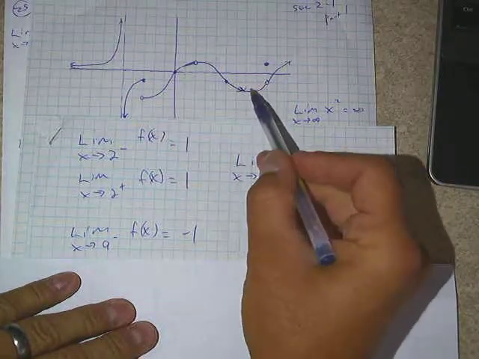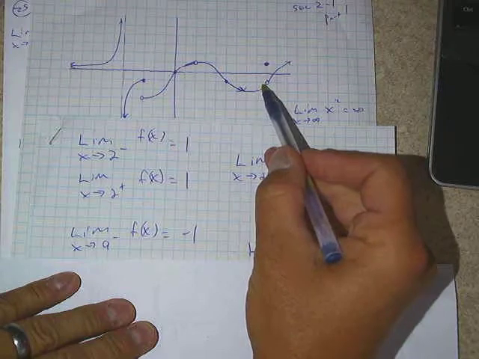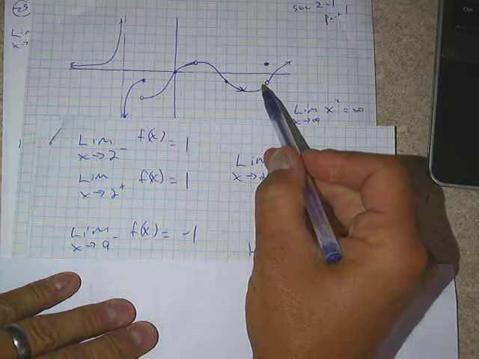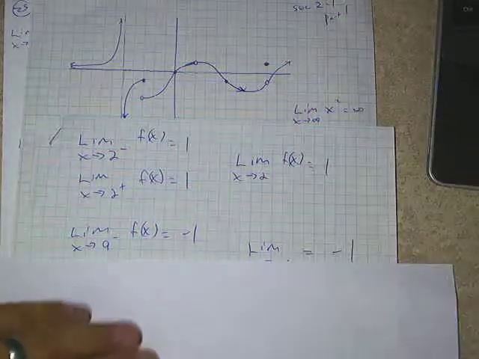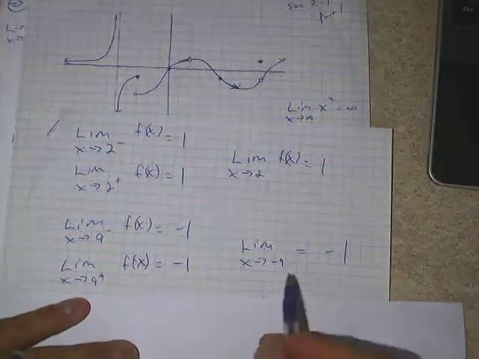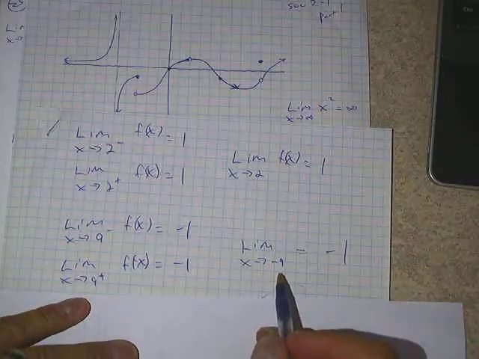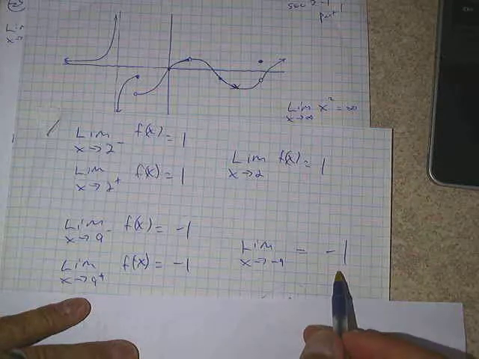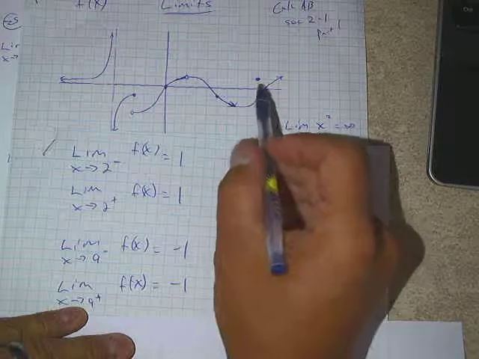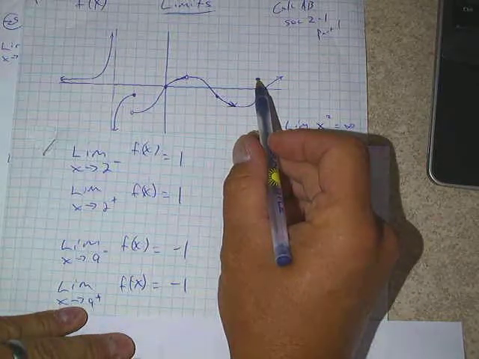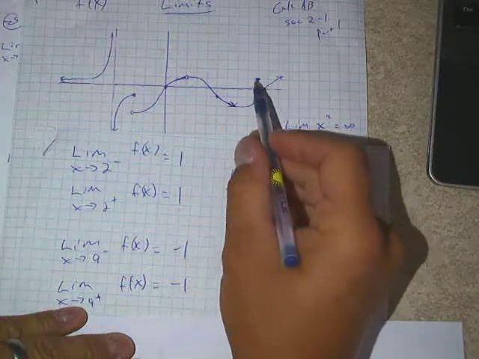Similarly, if we look at the 9 point, the point out to the far right, the limit is -1 here, because as we approach 9, the y-coordinates are getting close to the y value of -1. As we approach from the right, they're also getting close to -1. So therefore, the answer to the question, is there a limit at 9? The answer is yes, and it's -1.